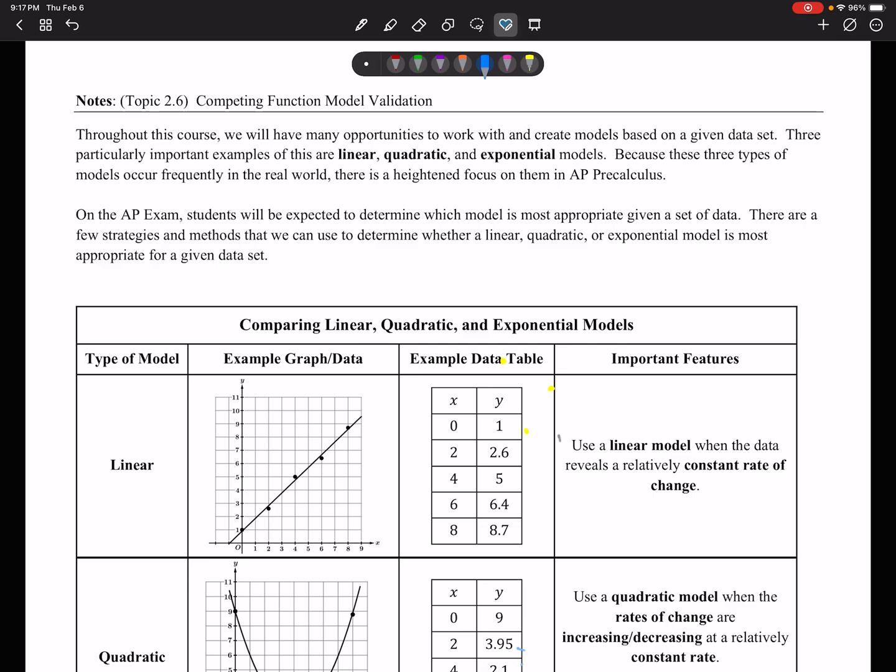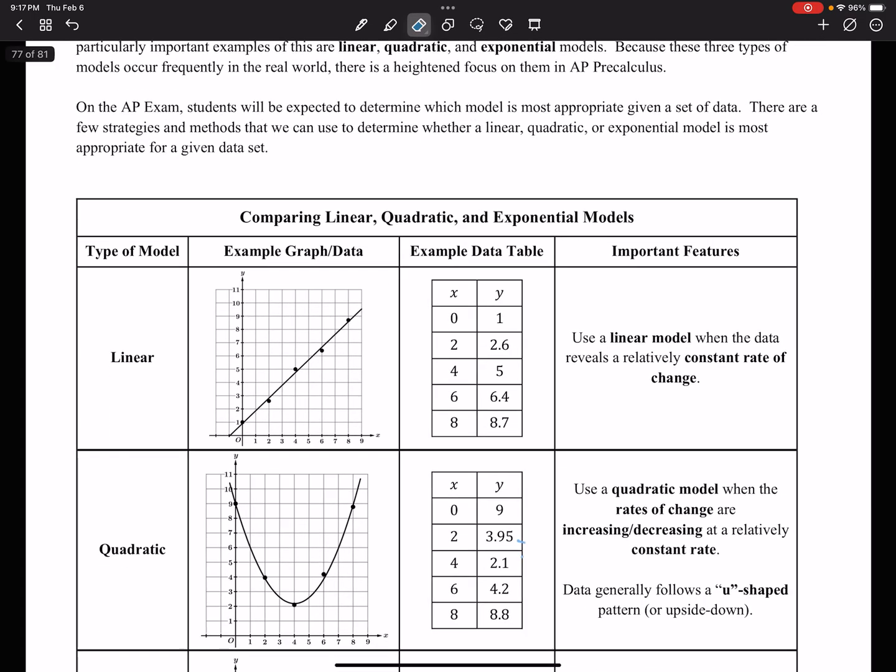So there are a few strategies and methods that can be used to determine whether or not you have linear, quadratic, or exponential. One example is that you've got maybe a graph with this data, or perhaps not necessarily with the line, but maybe these blue dots.